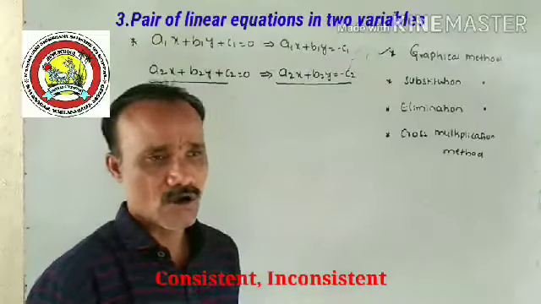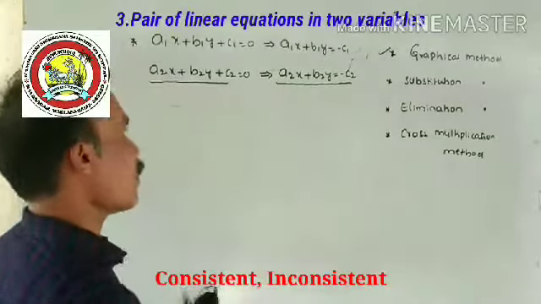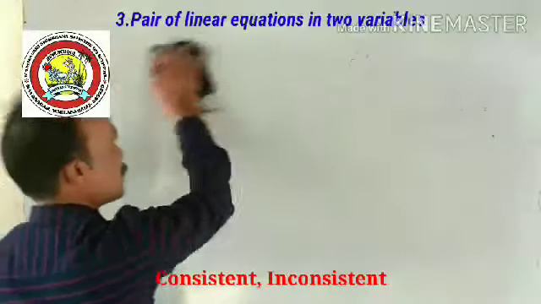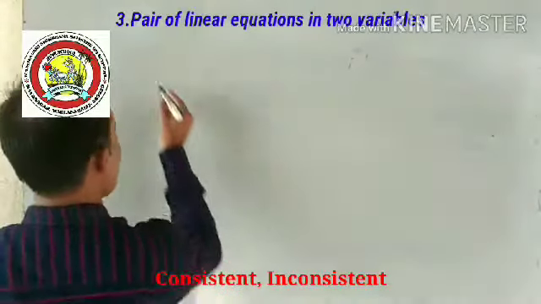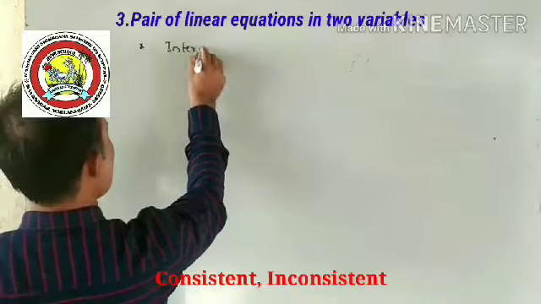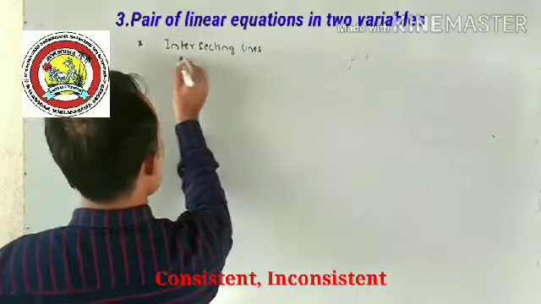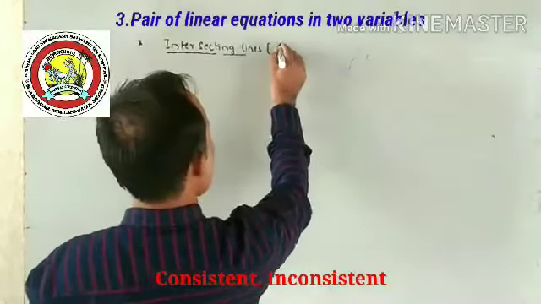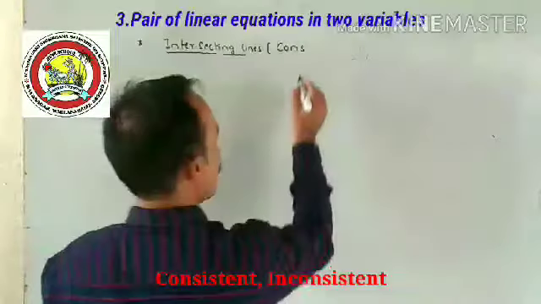Yes, the question is how to check all these three important points. Okay, let's see one by one. First one, intersecting lines. Intersecting lines are also called consistent.